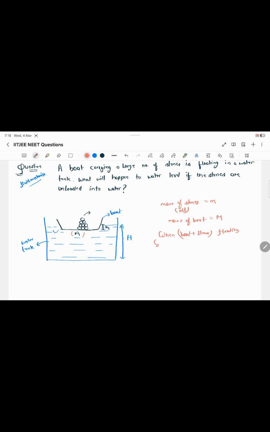The total force in the y direction should be balanced. We can see the free body diagram. Total mg will act vertically downward, m total into g will be vertically downward, and the buoyancy force will act vertically upward, and m total will balance the buoyancy force.